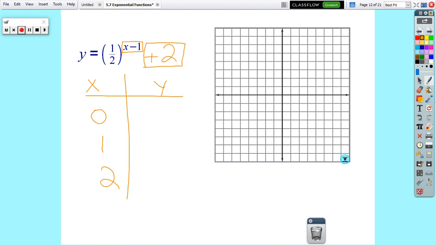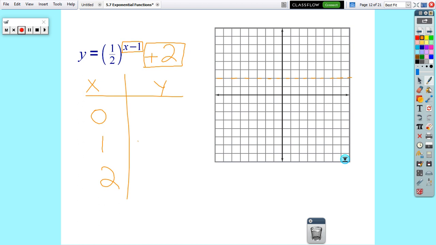It's at +2, so our asymptote, which would normally be on the x-axis, is just bumped up 2. So our asymptote now is going to be at that horizontal line. And your asymptote for an exponential is always going to be horizontal. You'll never have anything slanted or vertical. It'll be somewhere crossing the y-axis.